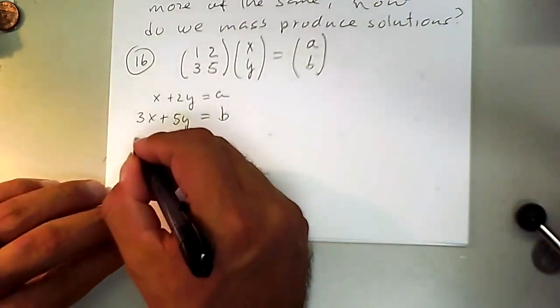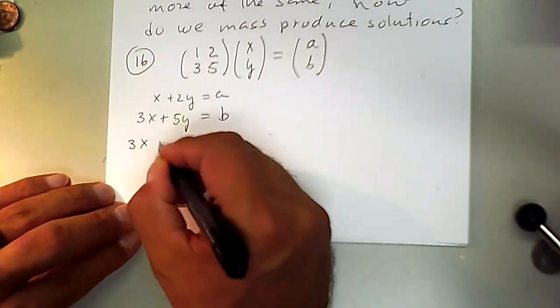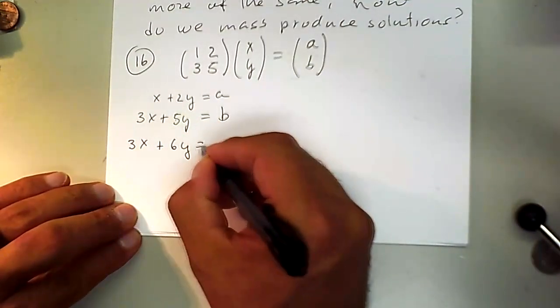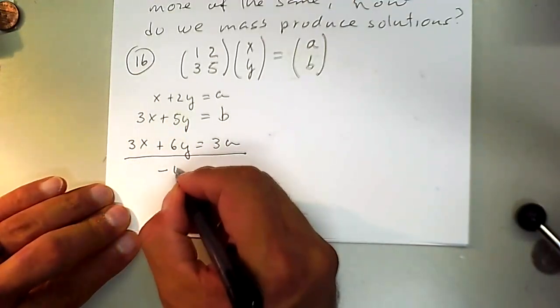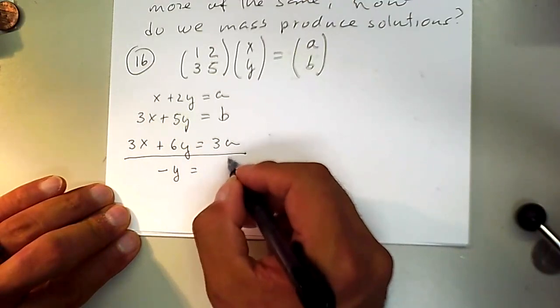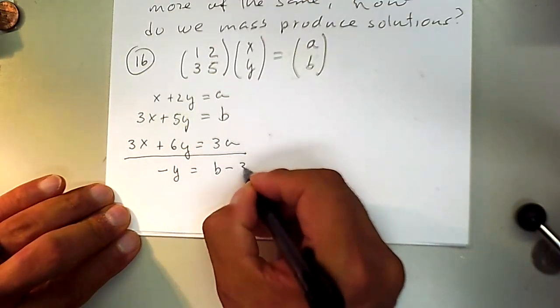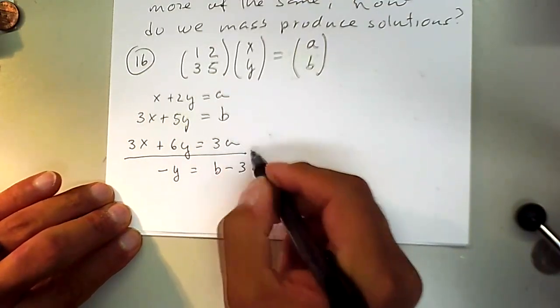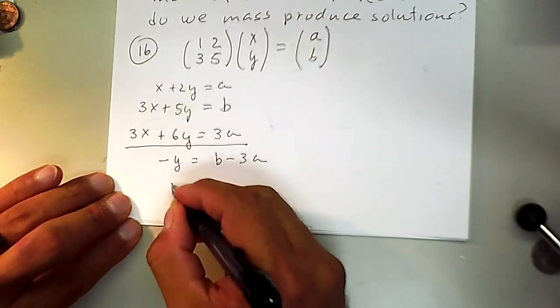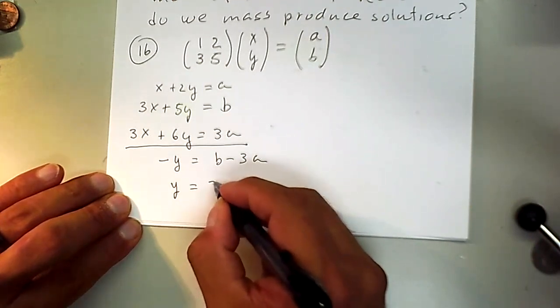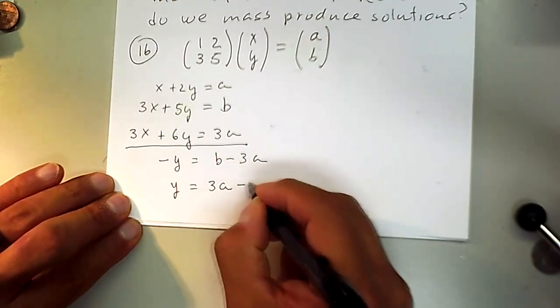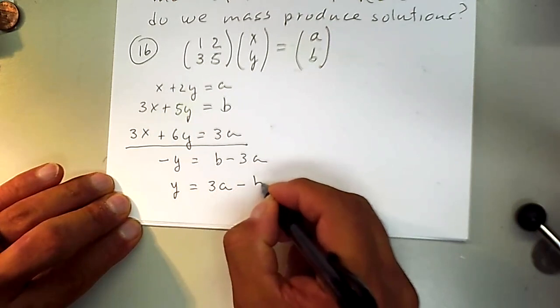So we go through the same motions as we did before. 3x plus 6y, you almost have this memorized by now. It's 3a. And then we subtract negative y equals b minus 3a. So that means the opposite, which is regular y, will be 3a minus b.